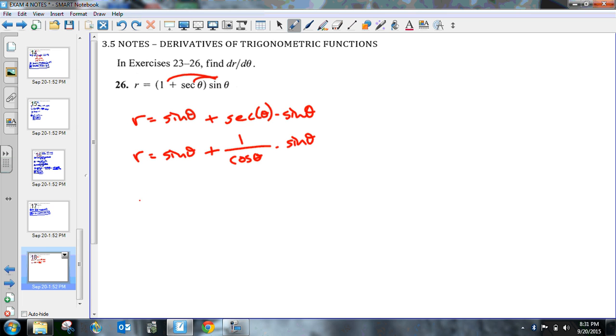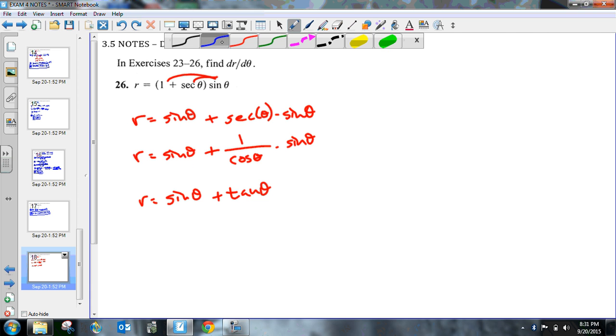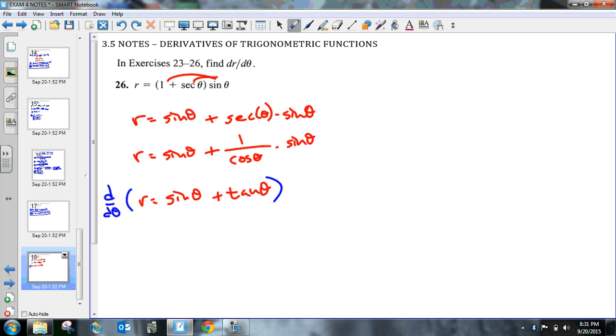So what happens here is I get sine of theta, and sine over cosine gives me tangent of theta. If I don't have to do the product rule, folks, I don't want to. Sometimes it's easier just to go through this and simplify it before you take the derivative. So now I'm going to take the derivative with respect to theta here, d d theta.